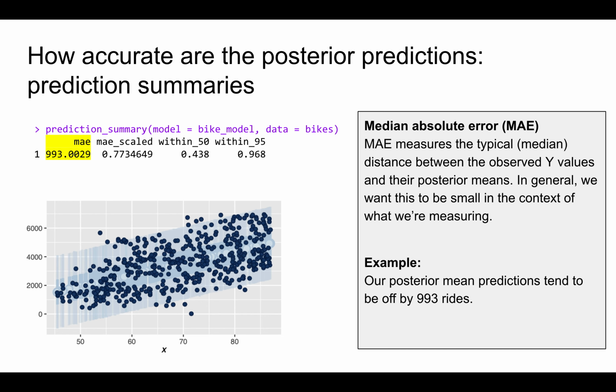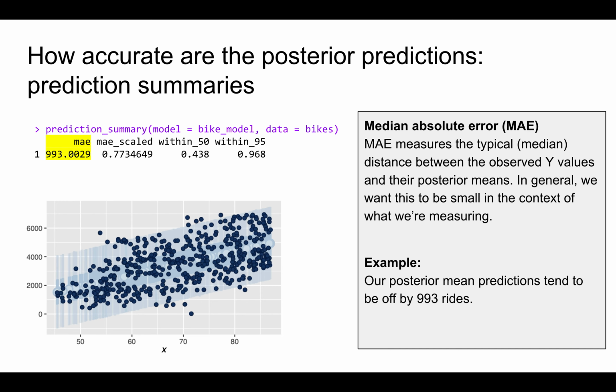Consider the reported MAE value. In general, the MAE, or median absolute error, measures the typical distance between the observed y values and their posterior predictive means. Specifically, we calculate the absolute differences between each y value and its predictive mean, and then calculate the median of these differences.